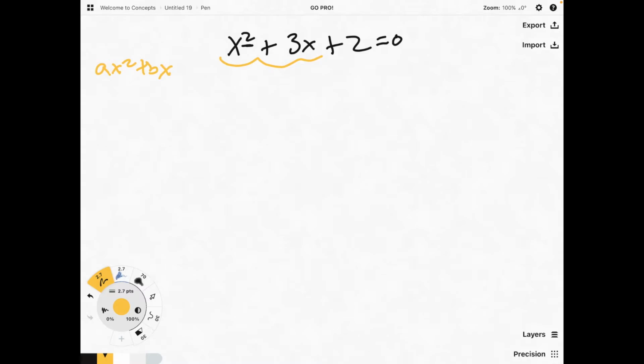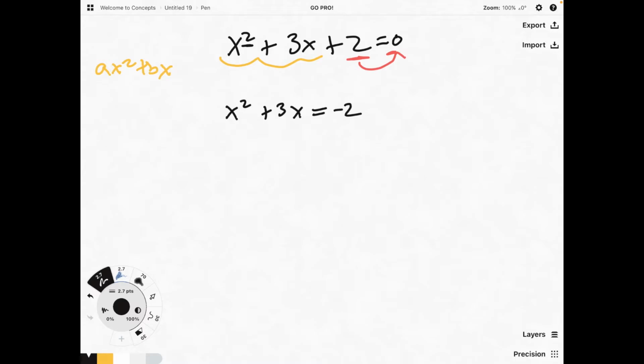So to do that, we just need to move the c value over to the right side. And so we can do that by simple subtraction. If we do that, we're going to get x squared plus 3x equals negative 2.